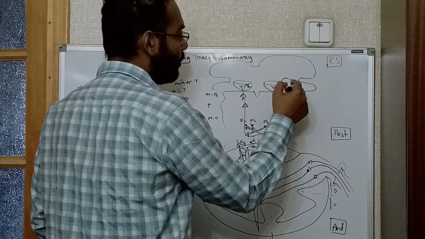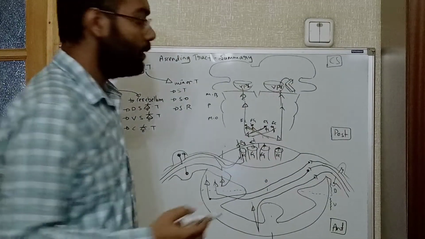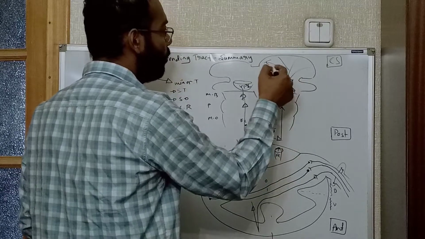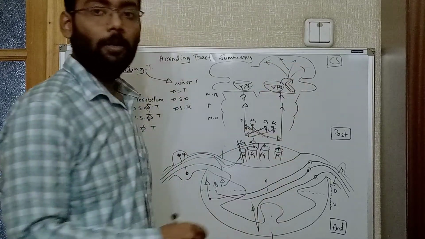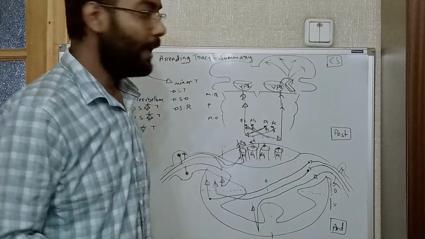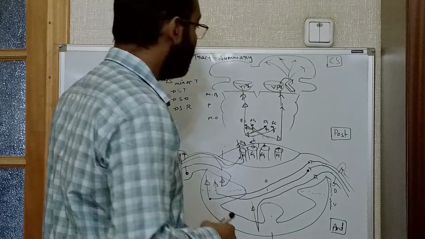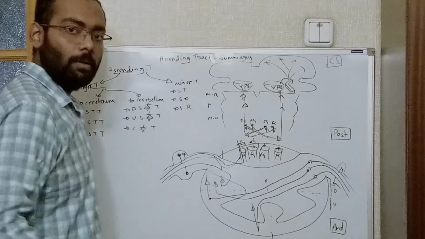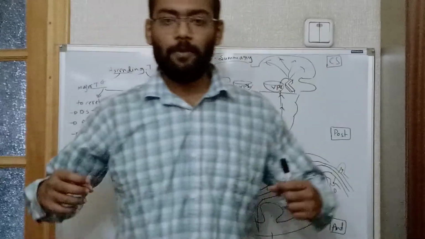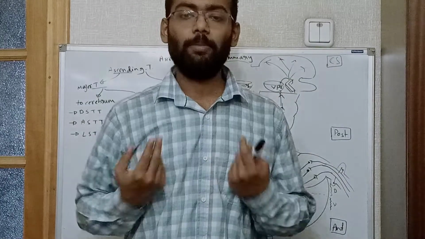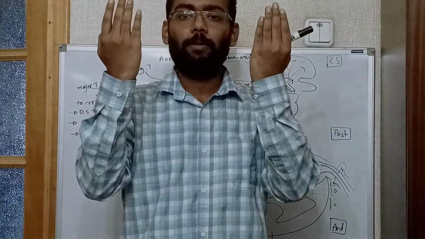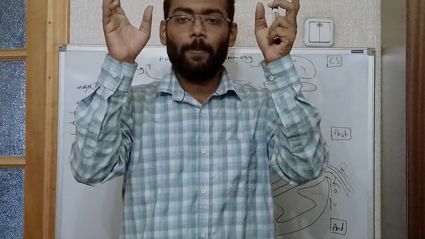Then the third order neuron will come to the posterior limb of the internal capsule. Then it will radiate to where? To our postcentral gyrus, or primary sensory area. So you guys know this information. Again, dorsal white column: fasciculus gracilis and fasciculus cuneatus make arcuate fibers, then move upward as the medial lemniscus, then go to where?